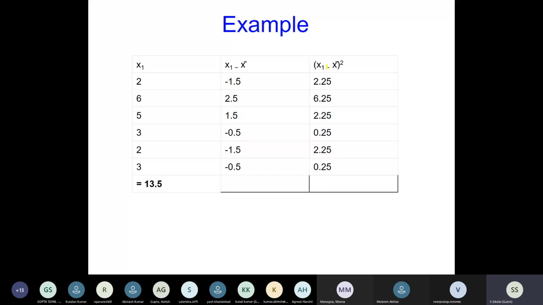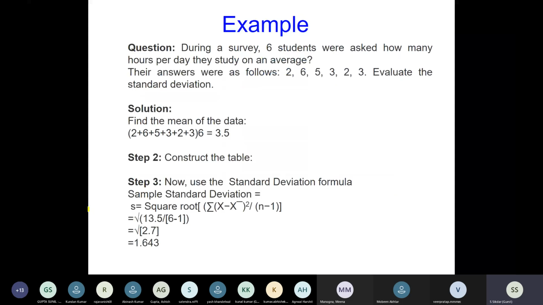Then again this is squared, and then it is averaged. So that's the way. It is n minus 1 because it is a sample standard deviation, that's why you see the equation here. The denominator is n minus 1.